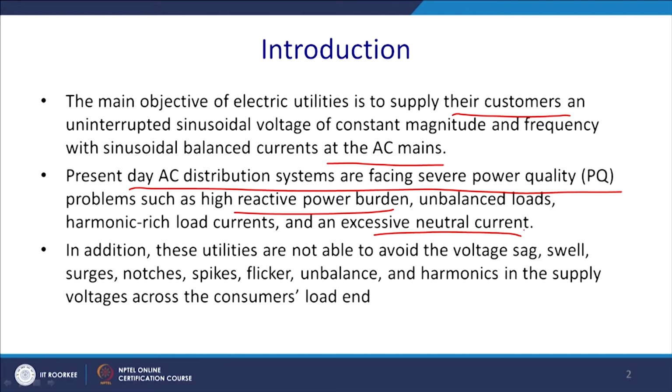In addition, utilities are not able to avoid voltage sag, swell, surges, notches, flickers, spikes, unbalance and harmonics in the supply voltage across the consumer load. This kind of phenomenon may destroy our sensitive devices.